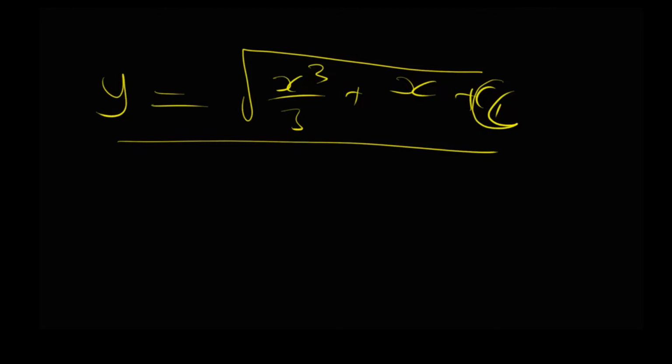Now let's solve the next one. So then the next one is this: dy/dx is equal to, of course, the separable ones are the easiest.